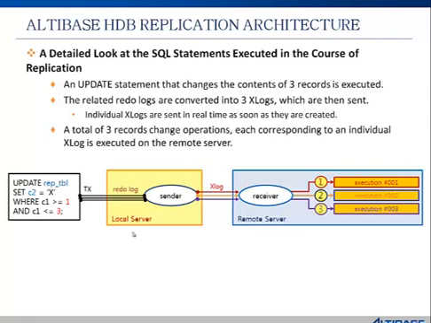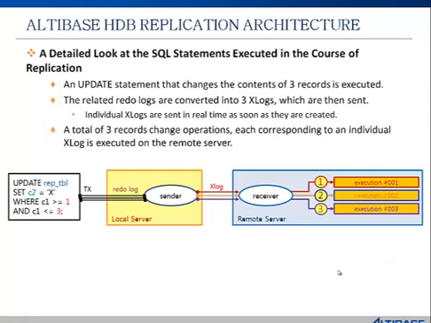The sender thread reads the log, converts it into X log, and sends it to the receiver thread. The receiver thread on the remote node passes it to the storage manager, and the three records are updated by each of their logs.